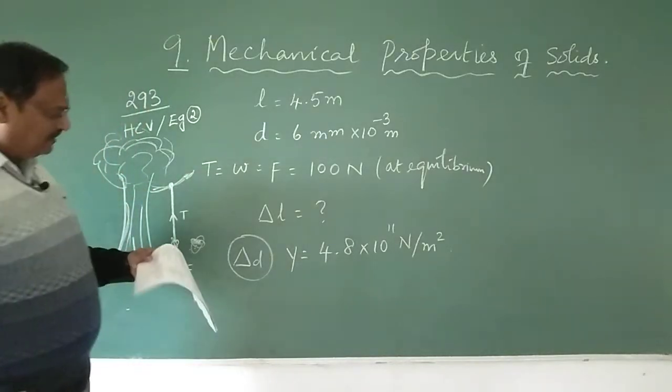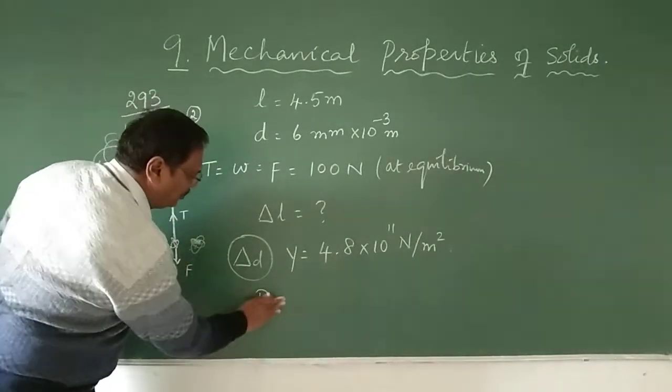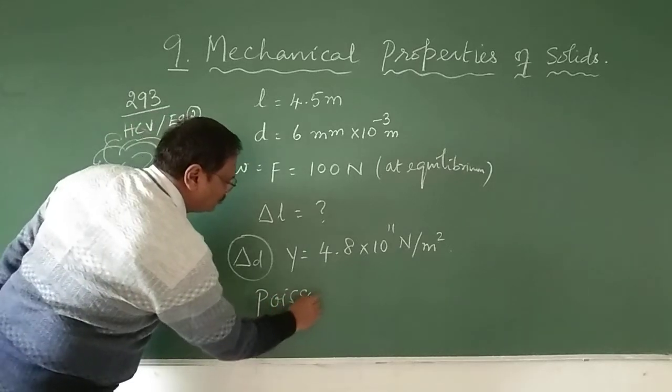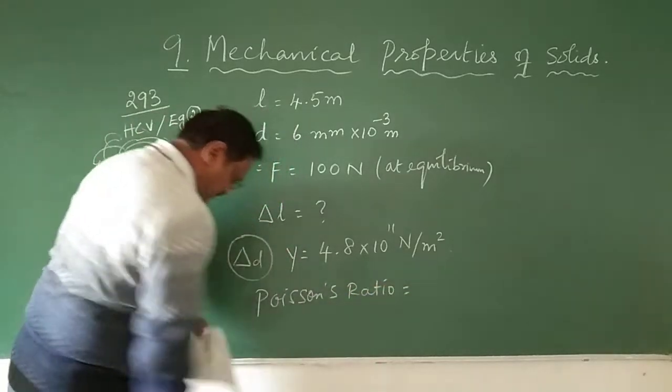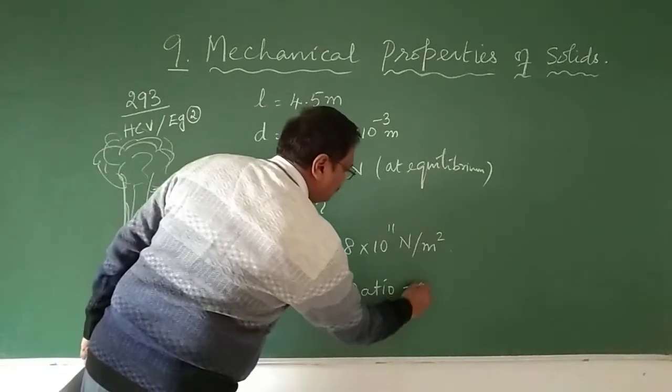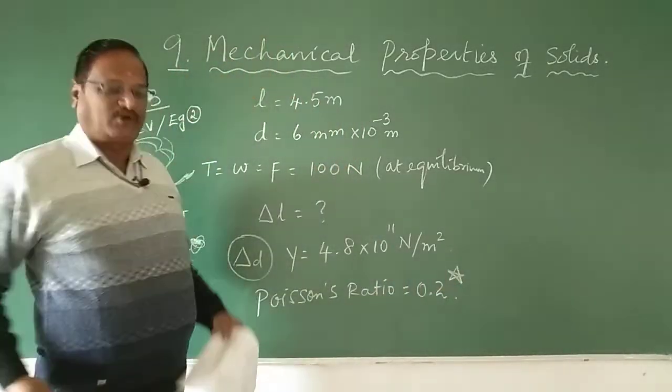This is given. Now there is one more thing also given, that is called Poisson's ratio of nylon, a constant which is given to be 0.2. This I will discuss at the end of the problem.